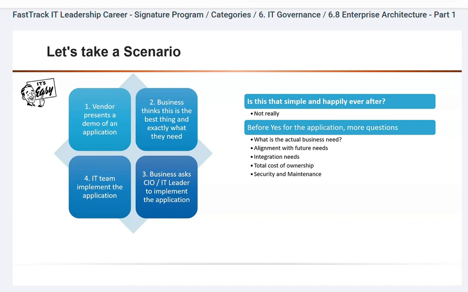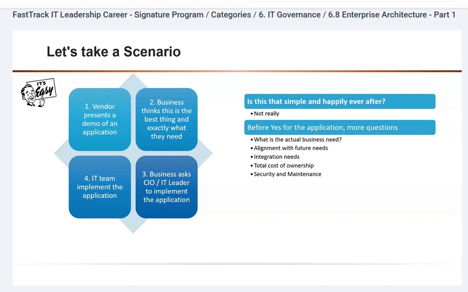What kind of data does it require? What kind of integration points does this application need? Are there any challenges in connecting with other applications? And what is the total cost of ownership? That means generally business may think of the first year fee or just the cost of the license.